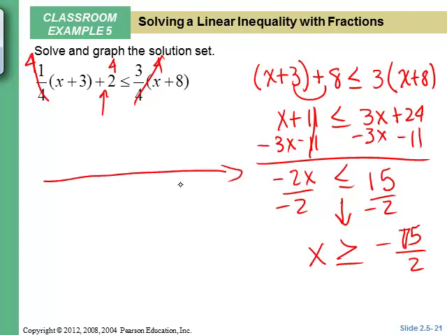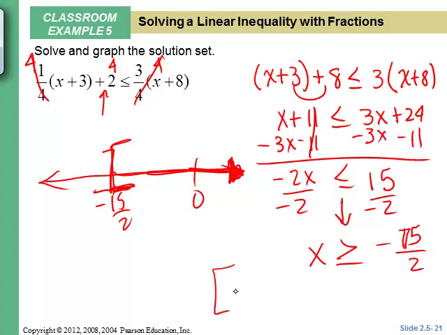So here's 0, here's negative 15 halves. Bracket. X is greater than, I had that the wrong direction, didn't I? When I switch the sense, it's greater than or equal to. So it'll be bracket negative 15 halves, comma, infinity, parentheses. Okay.